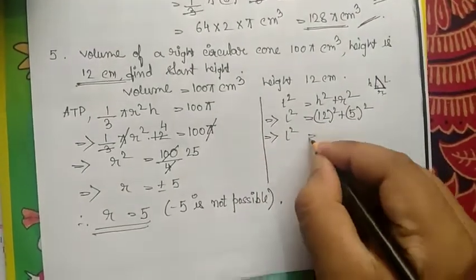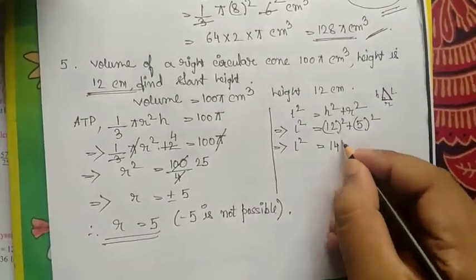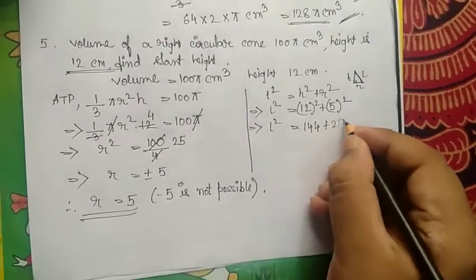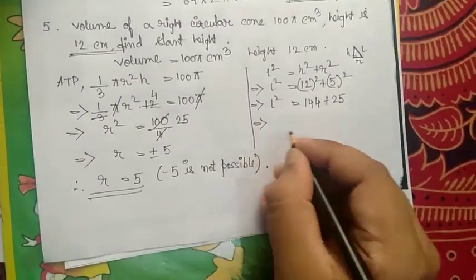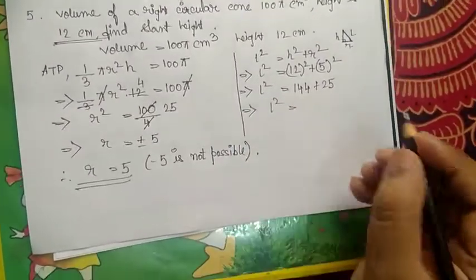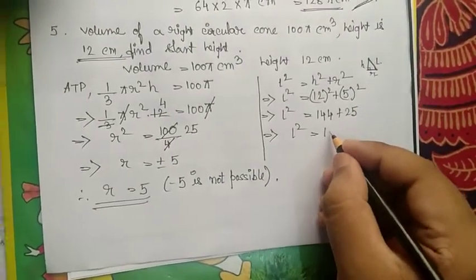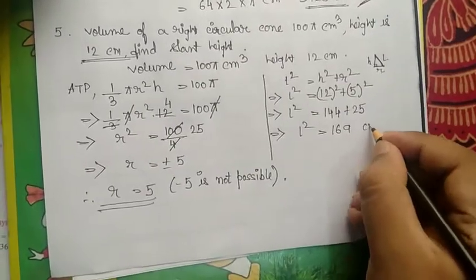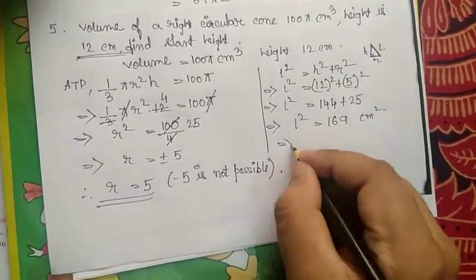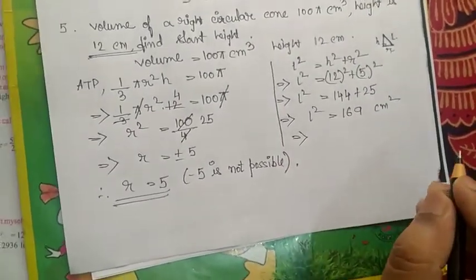So L square equals 12 square, which means 144, plus 5 square, which means 25. So L square equals 169 centimeter square. Now we have to take the square root.